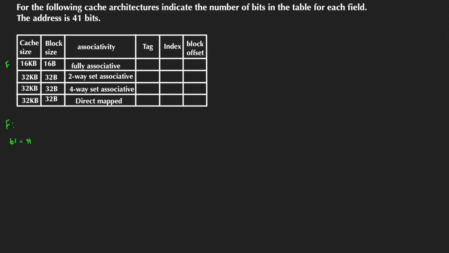All right, so the first thing you're going to want to do with all of these is find the number of blocks, which I'm going to label BL. And the number of blocks is going to be your cache size over your block size.